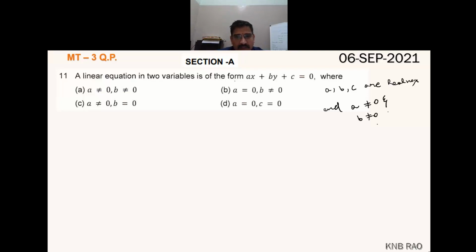This is the condition we have. So here right option is A. Because it's a linear equation in two variables, the two variables should exist.